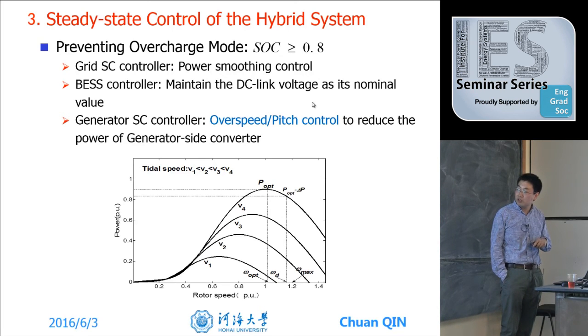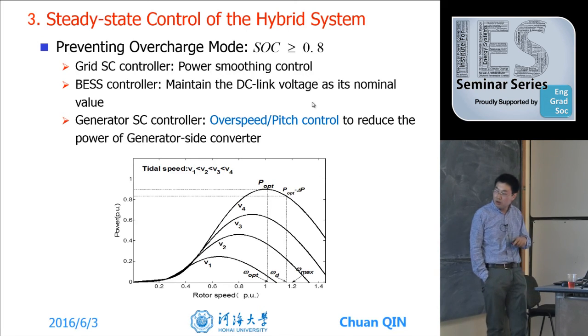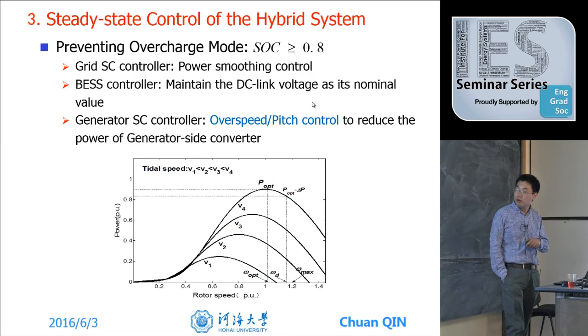But it should be mentioned that there is omega max. If you use overspeed control, the maximum deload power delta P can only be seen at this point.